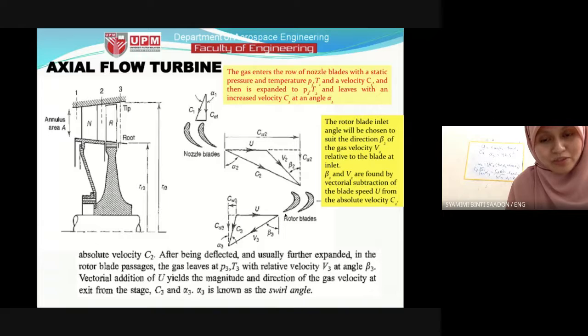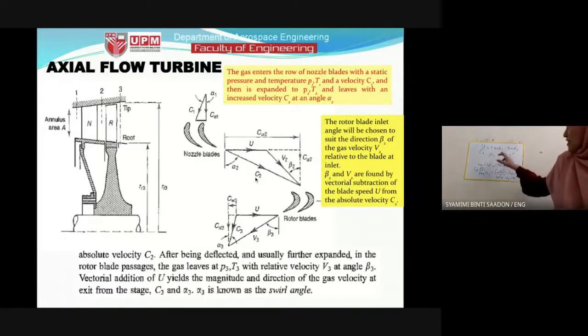So the velocity of the fluid exiting the rotor is actually the relative velocity, because we have the absolute velocity plus the rotational speed of the blade. So we follow this direction, V3 or W3. That is the relative velocity.